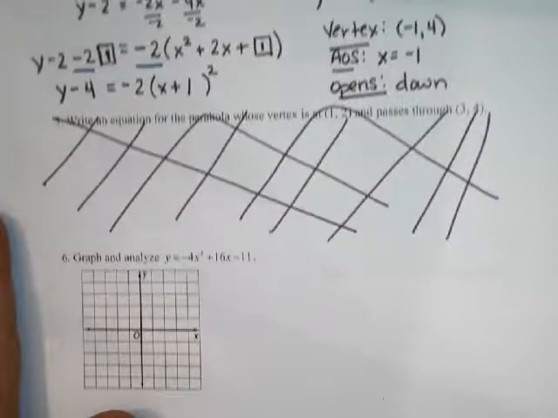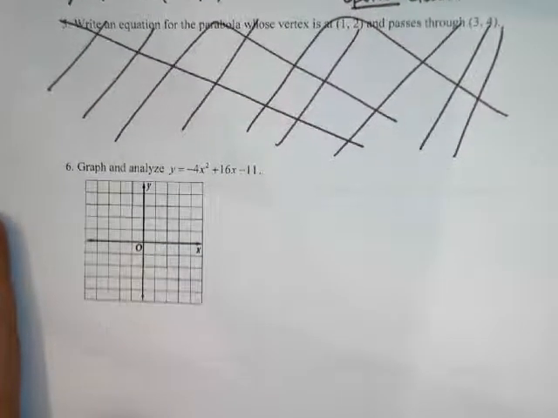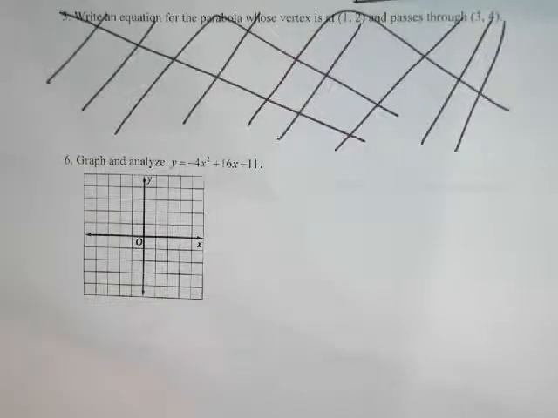Okay, last one. Graph and analyze y equals -4x squared plus 16x minus 11. Whew. Okay. Is he in the nice pretty form? Not yet, right? But we could make him that way. We just have to complete the square. All right. We have the coefficient out front. So we have to divide him.